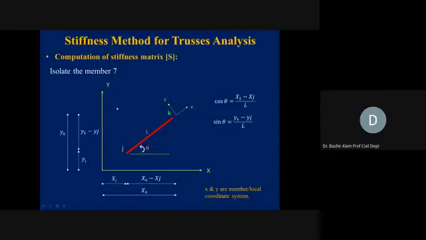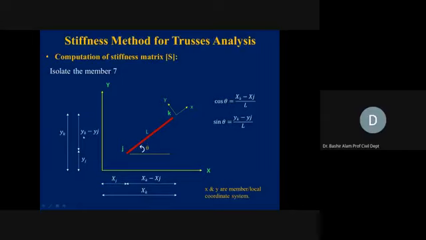Now, cos theta from this diagram now will become equal to this base divided by hypotenuse. So base is xk minus xj, here we see it, and divided by this hypotenuse, it is L. So cos theta we can express in terms of the coordinates, which is xk minus xj divided by L. Similarly, the sine theta will become equal to perpendicular divided by hypotenuse.